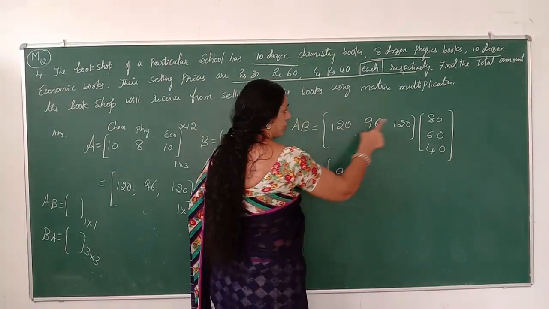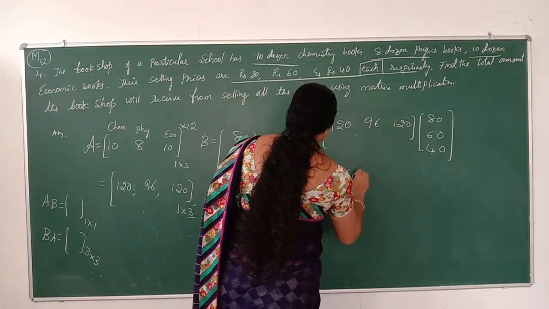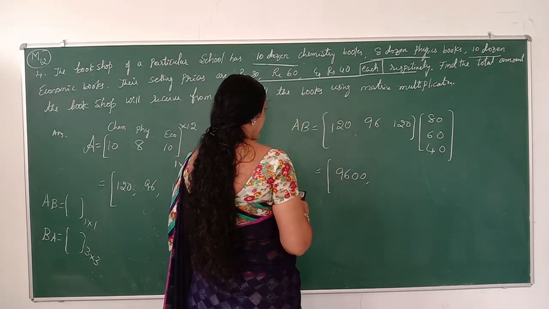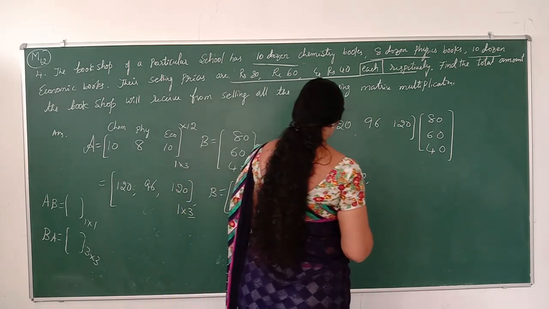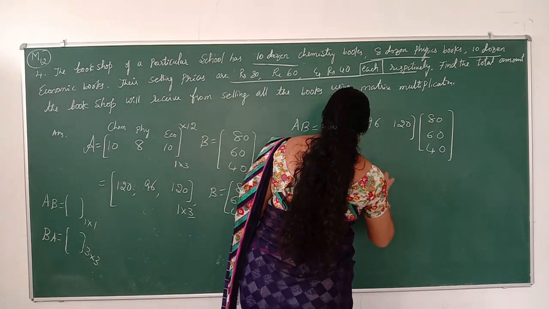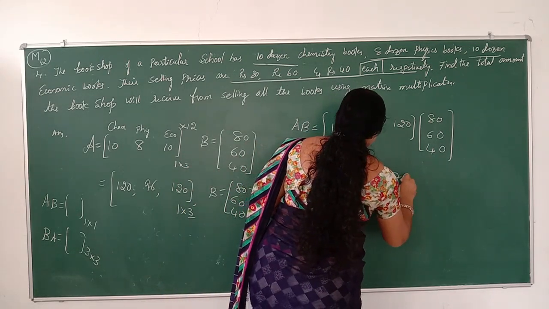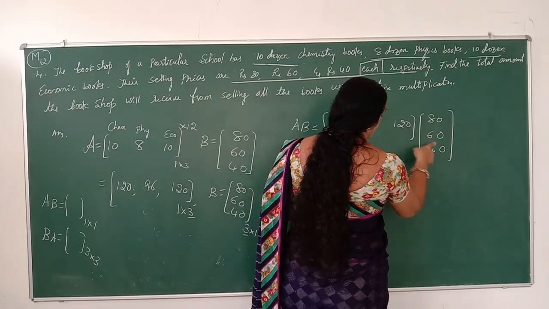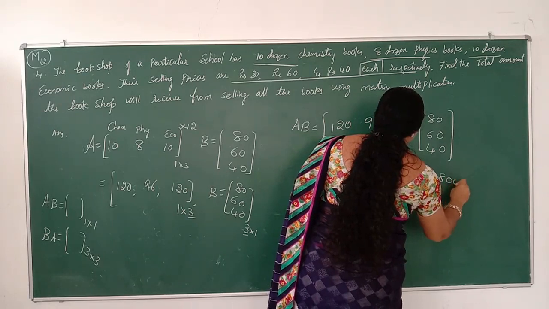After multiplication, 120 into 80 is 9,600, 96 into 60 is 5,760, plus 120 into 40 is 4,800.